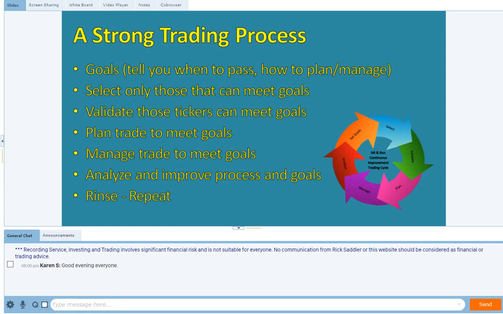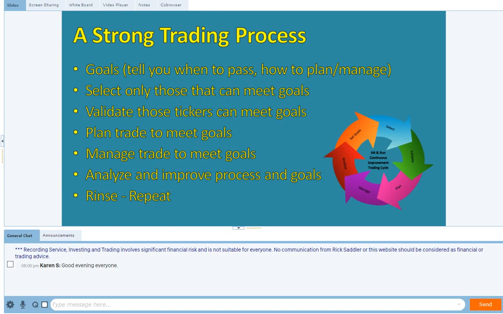And the way we think of trading is that it's really a circular process, as if you're looking down on those arrows as a spiral staircase you're looking down upon. They spiral upward in a continuous fashion.